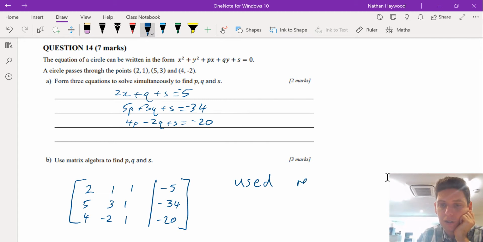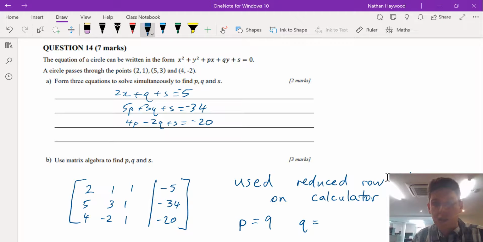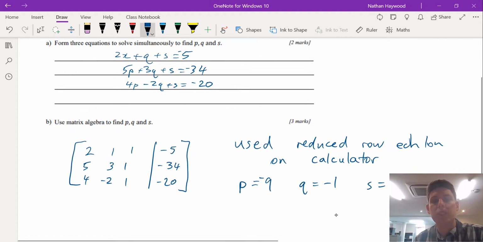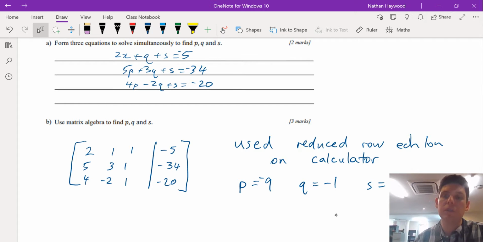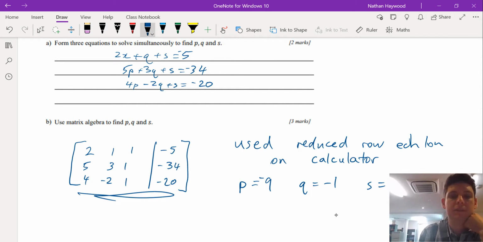Used reduced row echelon on calculator. So P is -9, Q is -1, and S is 14. So that's one way to do it. Reduced row echelon form using Gaussian matrix.